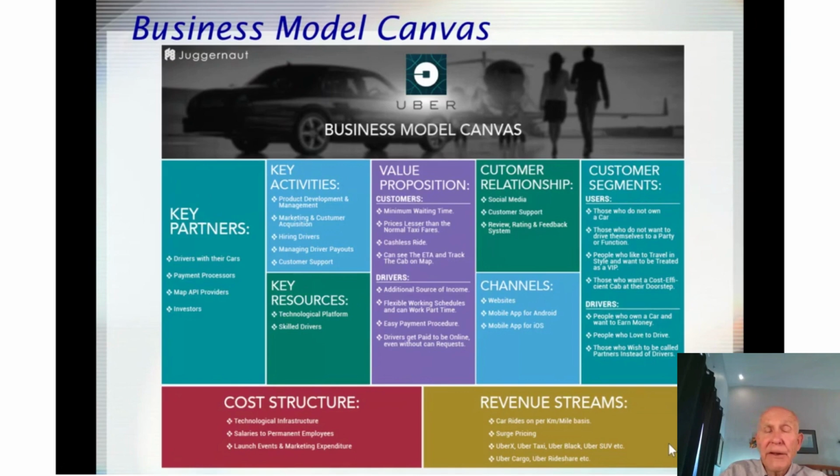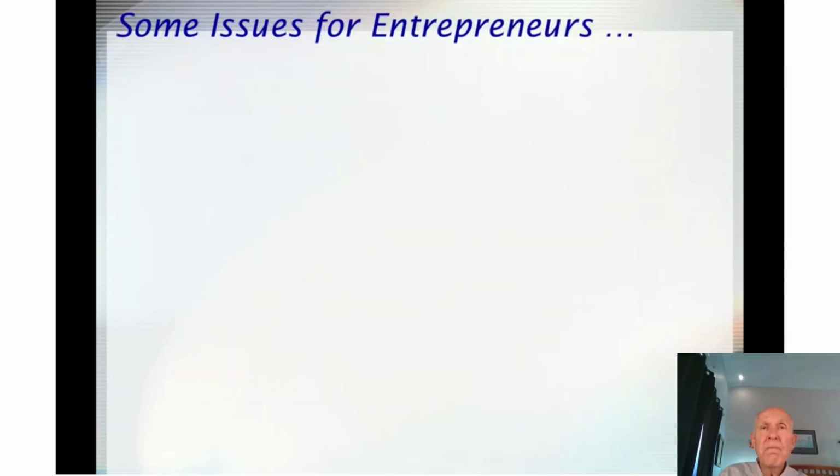What's interesting about their business model, and I'm not going to go through this with you, is that their value proposition is to customers like you and me who want to have a taxi coming quickly and taking me to wherever I need to go. But also their second is drivers, because they don't have professional drivers. Anybody can be an Uber driver as long as you have a decent car. And so the drivers are their clients too. So it's an important concept.